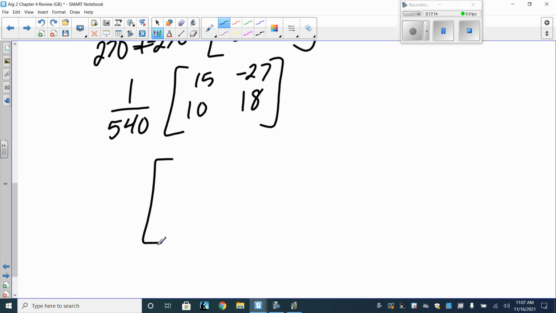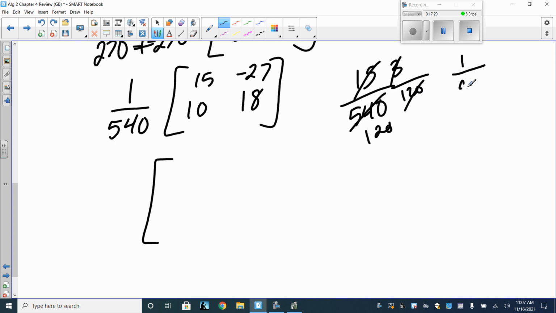So 15 over 540 is 3 over 120, which would reduce to 1 over 40. Negative 27 over 540.